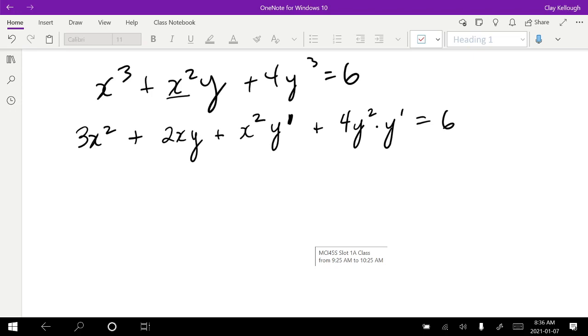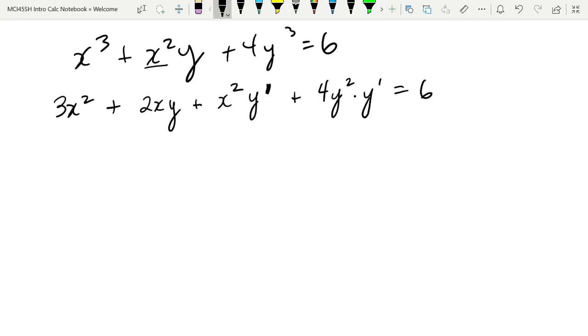If you don't like primes, and some people who do things more formally tend not to, you could, of course, use dy by dx. It doesn't really matter to me. I'll stick to dy dx this time. I'll do it very formally.